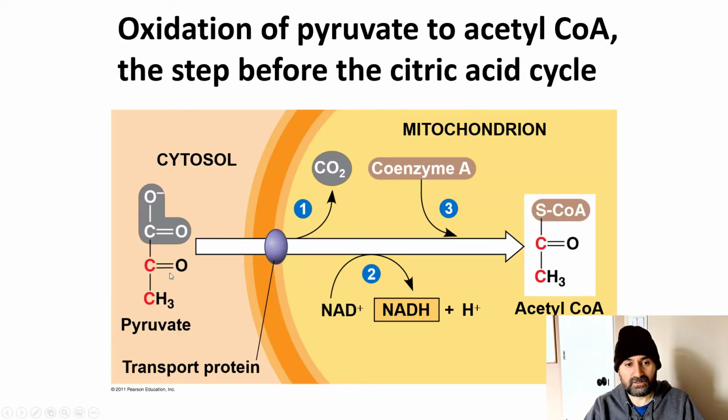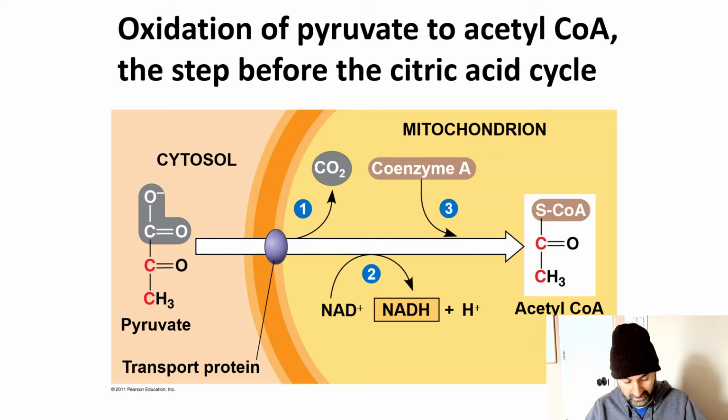So remember during this step in the lecture videos, we're starting with 2 pyruvates. Actually, everything here is multiplied by 2. 2 pyruvates are entering the mitochondria. And when the 2 pyruvates enter the mitochondria, you have oxidation of pyruvate. So when you oxidize pyruvate, you have CO2 formed, you have NADH formed, and you have acetyl-CoA formed.